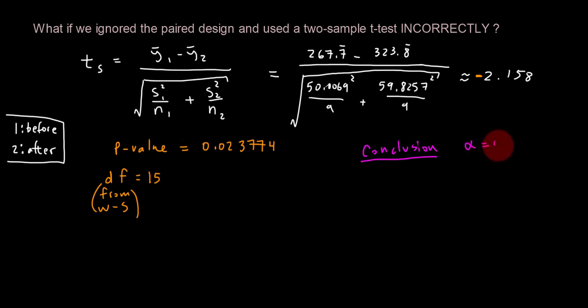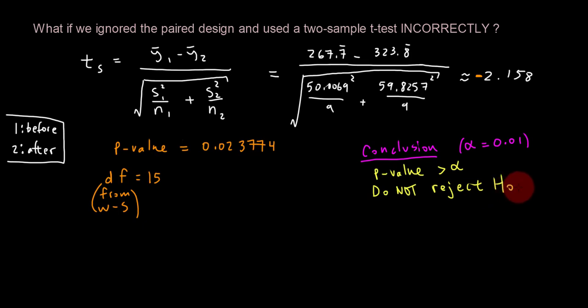And remember, the alpha was 0.01. Let's compare alpha with the p-value. The p-value in this case, 0.02 or so, is greater than alpha. So we would actually not reject the null hypothesis in this instance.